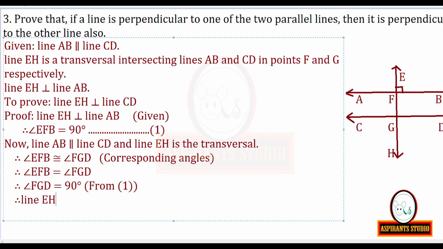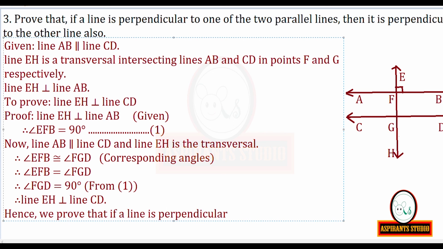Now you have to write the final statement like this. Hence we prove that if a line is perpendicular to one of the two parallel lines, then it is perpendicular to the other line also. Once again I am repeating. Hence, if a line is perpendicular to one of the two parallel lines, then it is perpendicular to the other line also.